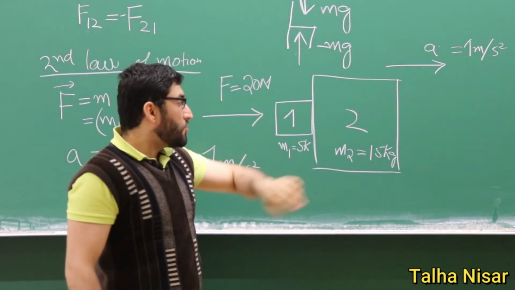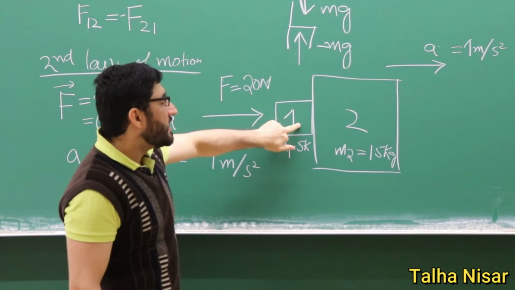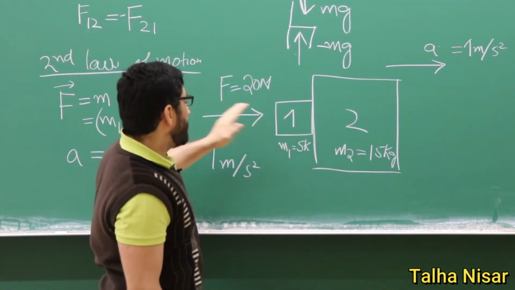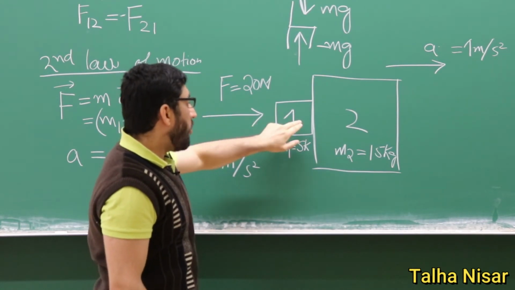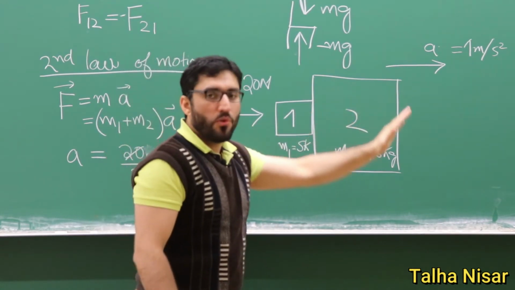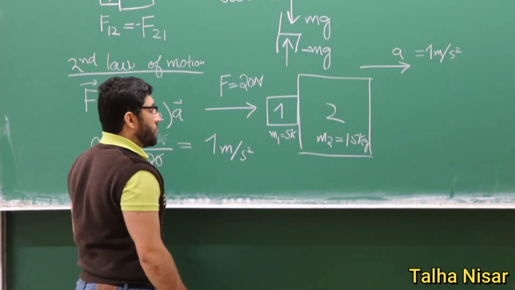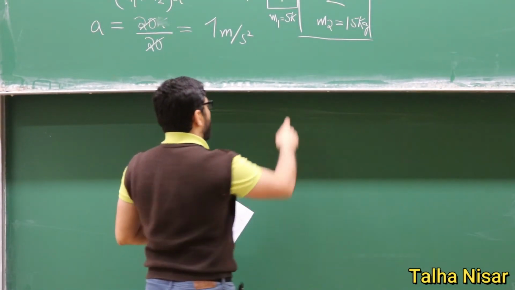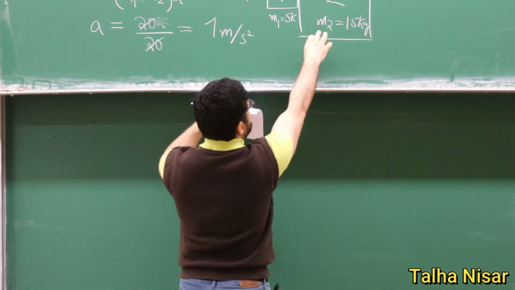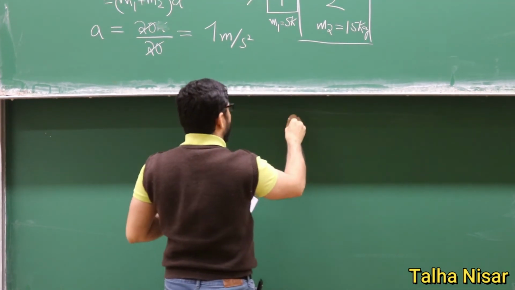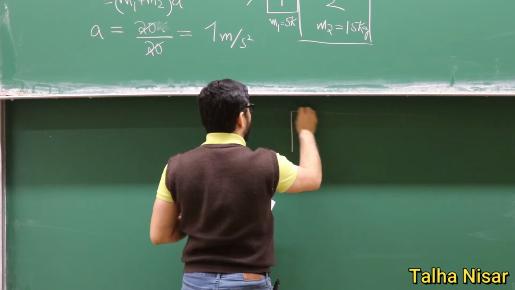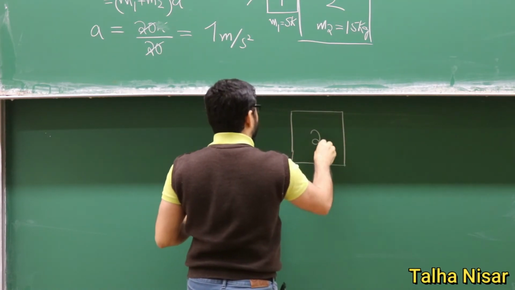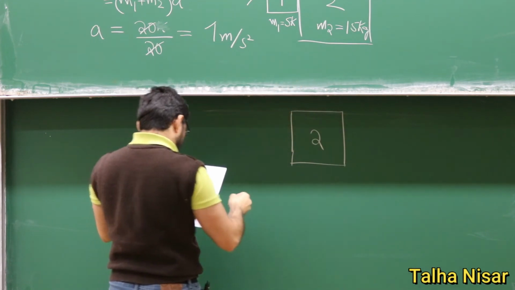Now we want to know what is the force acting on object 2, because if we apply a force on object 1, this object 1 is exerting a force on object 2. Now we isolate object 2. So this is object 2 in our case.